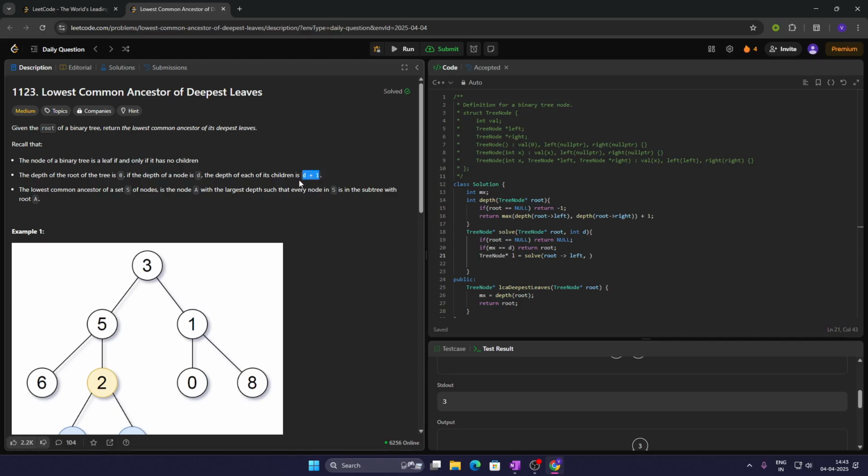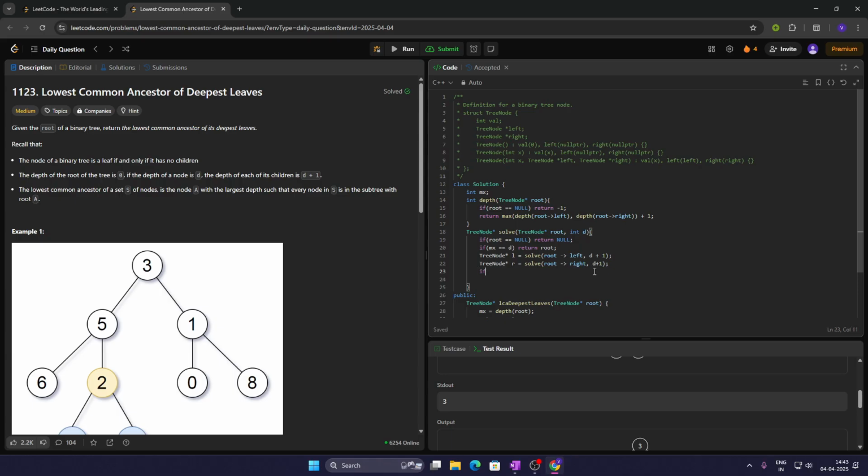See, here it's clearly mentioned that the depth will be increased as we are exploring its children. So, d will be incremented by 1. Similarly for the right also. In this recursive function, we are able to get the left and right sides as well.